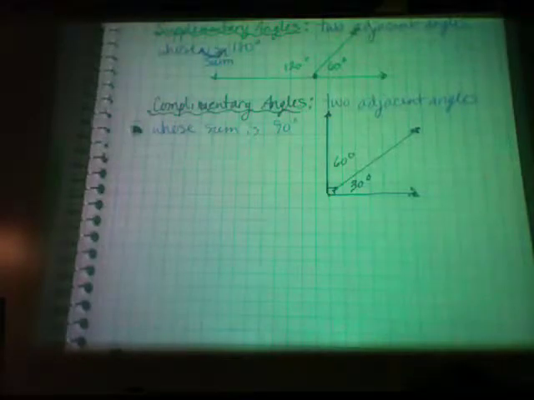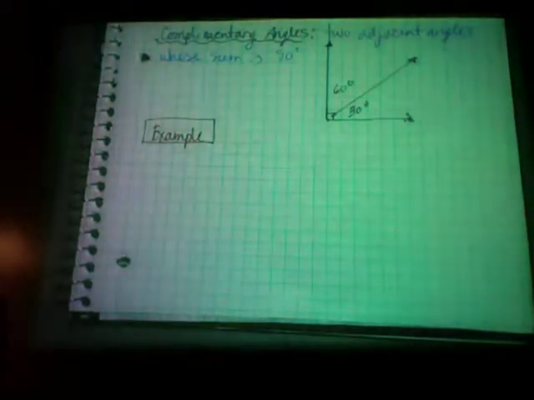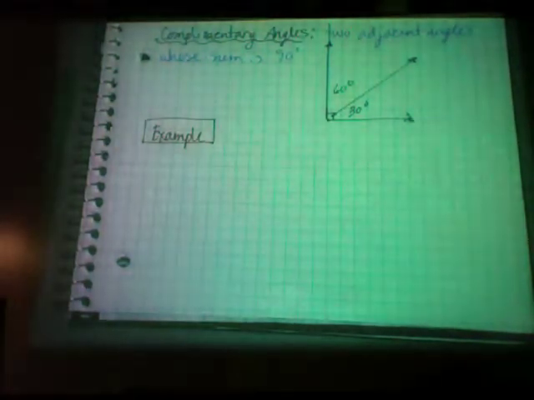Here's a typical question that you might get. So here's your only example. And you will have to draw a picture if they don't give you one. So here's what it says.